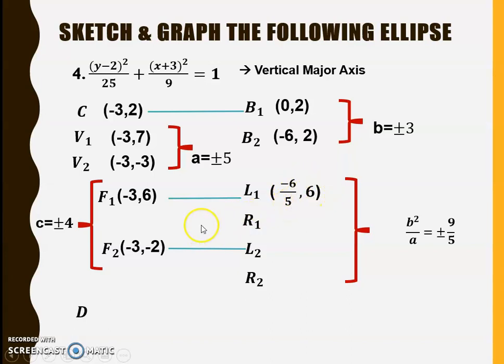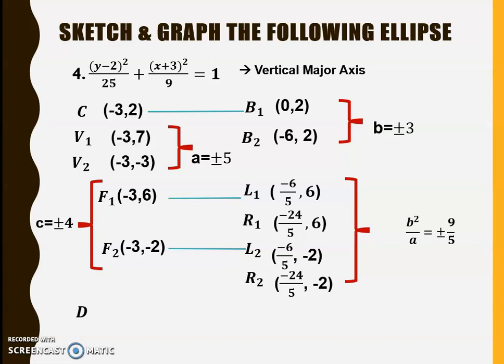How about the other part of the latus rectum? You also have negative 3 minus 9 over 5, or negative 15 minus 9, that will be negative 24 over 5, and the y value. So the points are negative 6 over 5 with 2 and negative 2, then negative 24 over 5 with 2 and negative 2.